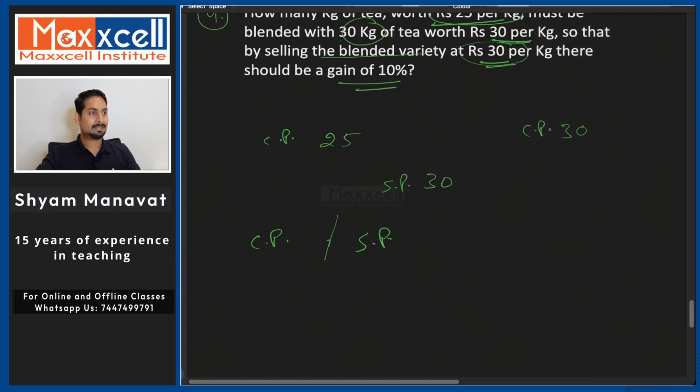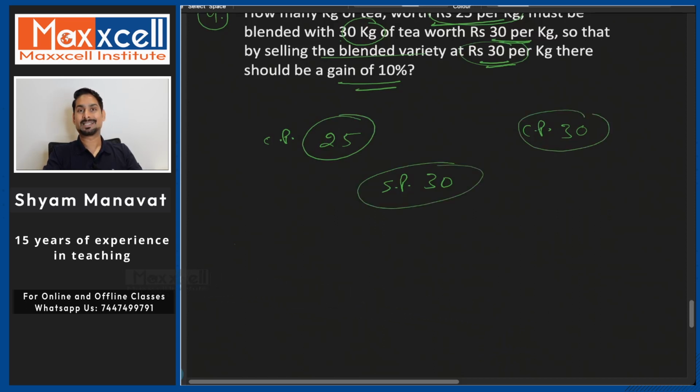So this is the learning from question number 4 and question number 2 also, obviously, that when we are applying the alligation rule, the units should be the same. The unit of the cheaper quantity, the dearer or superior quantity, and the mixture should all be in the same form.